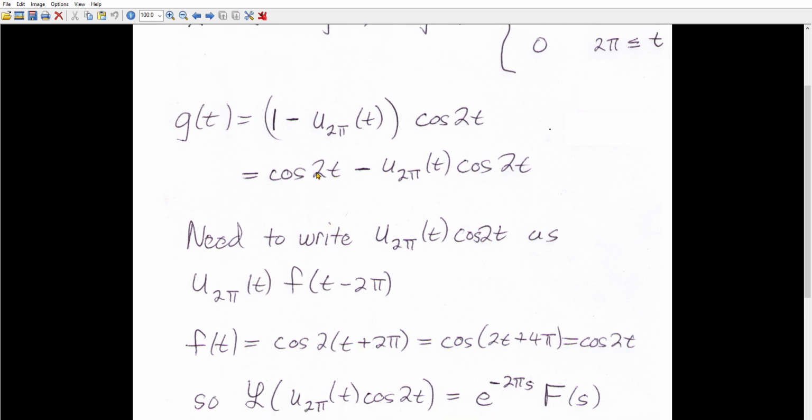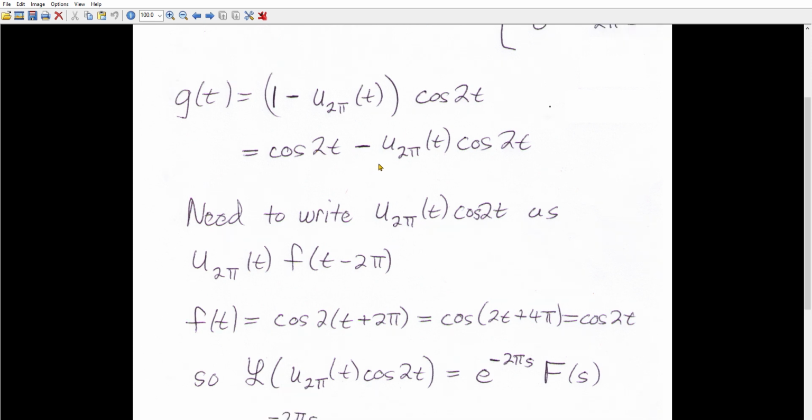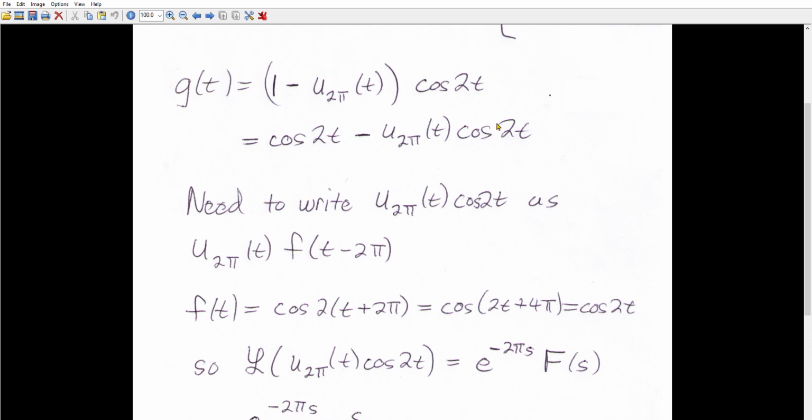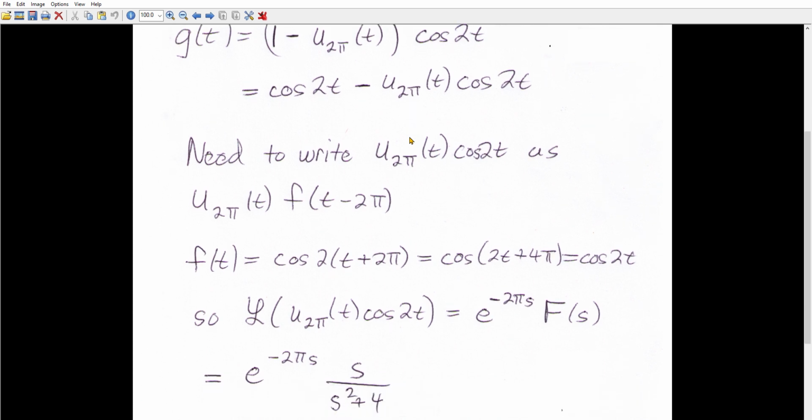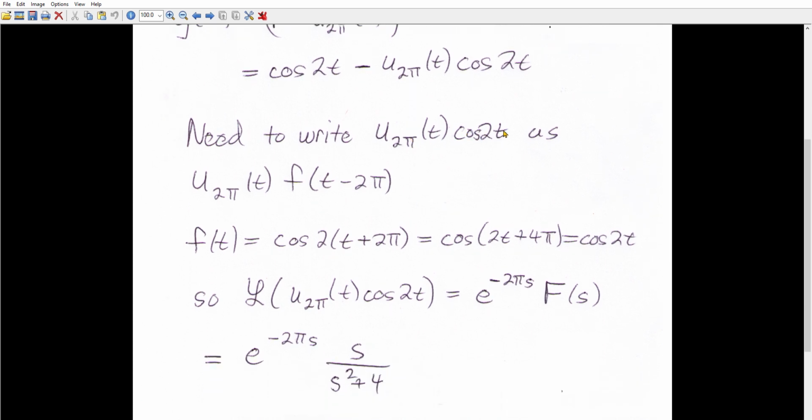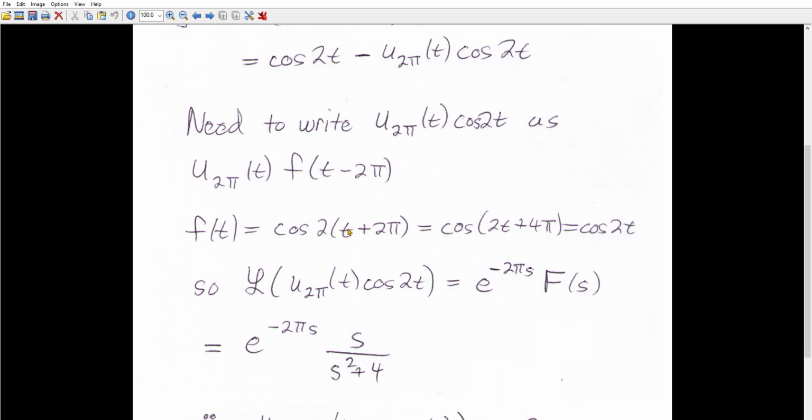Now transforming the cosine of 2t is easy. Transforming u_2pi of t cosine 2t requires us to write cosine 2t as f of t minus 2 pi. And we know the way to do that is to take this function over here and to replace t by t plus a, where a here is 2 pi, so we're shoving in a t plus 2 pi every place we see a t, which because of the periodicity of cosine gives us the cosine of 2t.